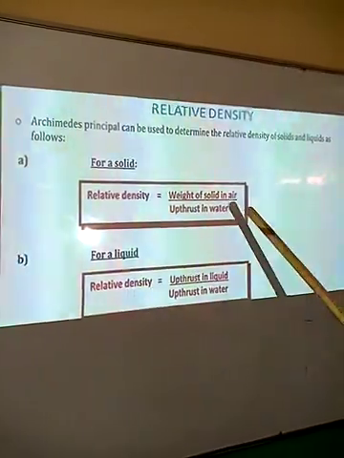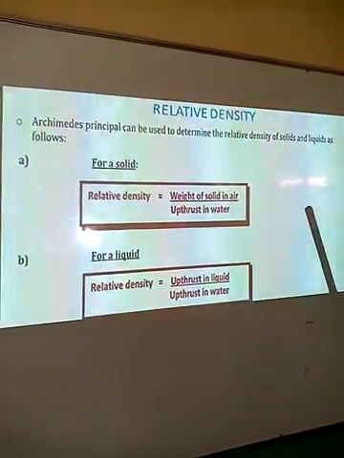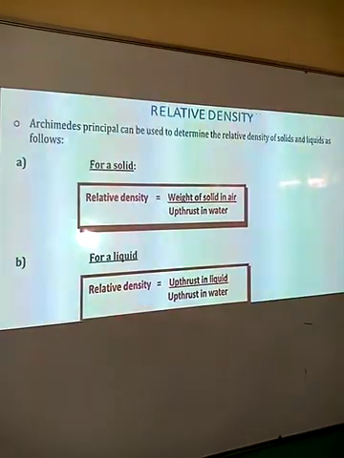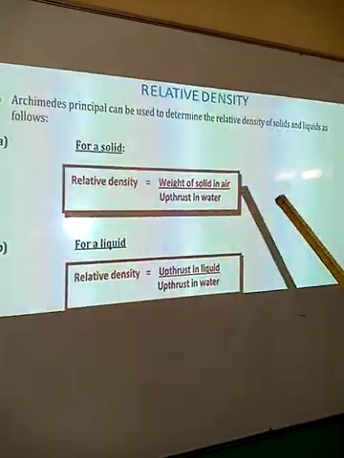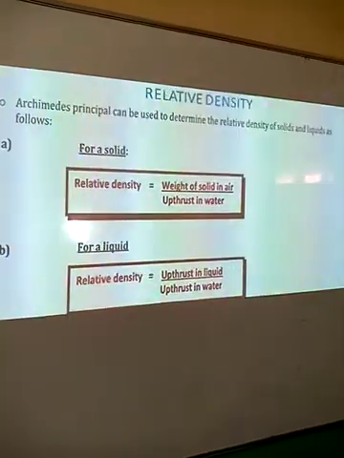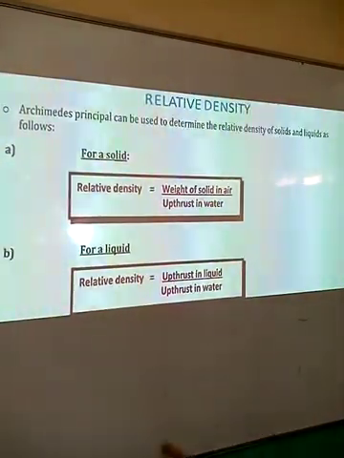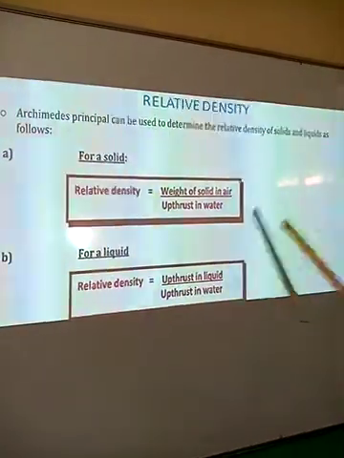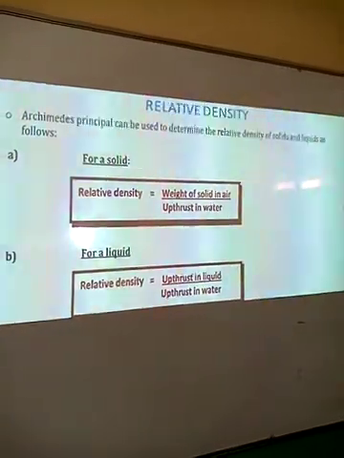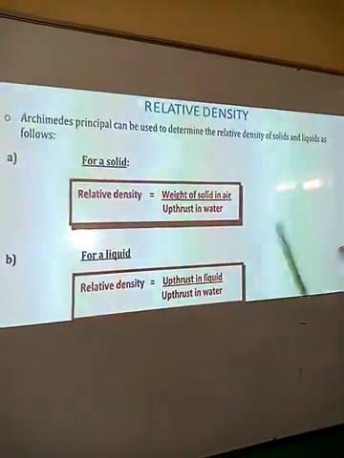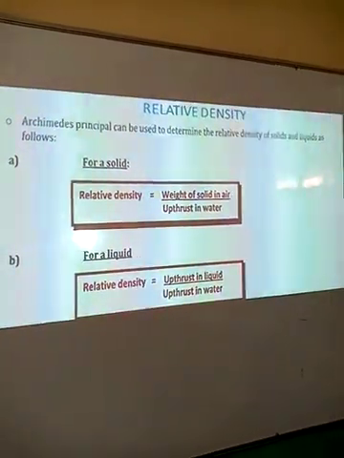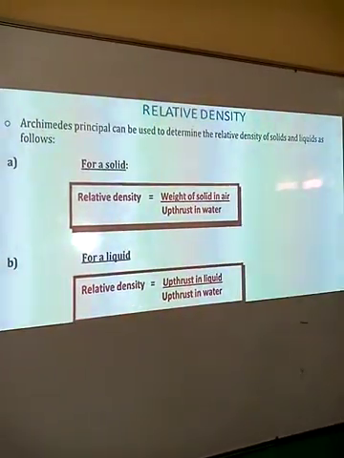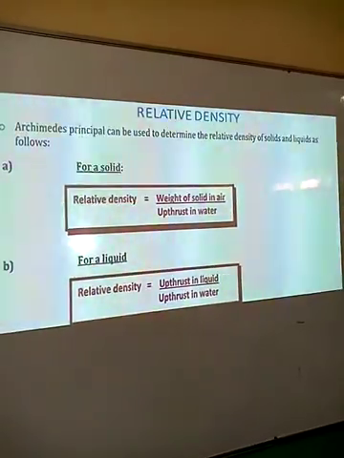So if I have the weight of an object in air, then I have the weight in water, then I can get upthrust in water, then take the weight and divide by upthrust in water. For a liquid, relative density is upthrust in the liquid over upthrust in water. So I must have the upthrust in that liquid, I also get upthrust in water, then divide the two, I'll get the answer with no units because it is a ratio.